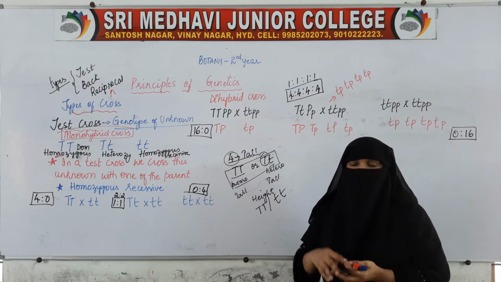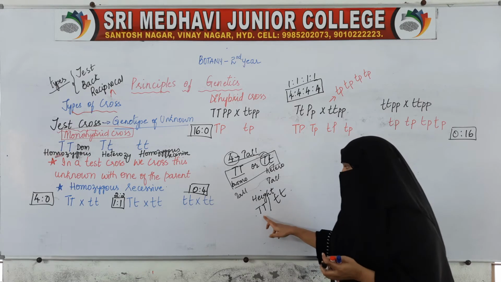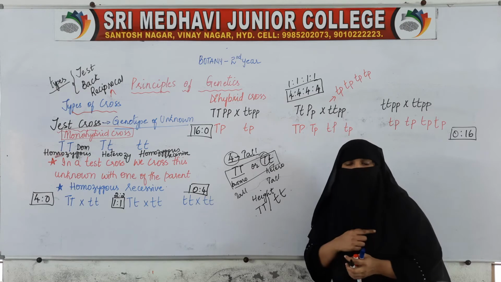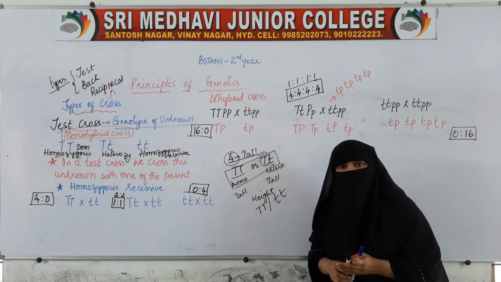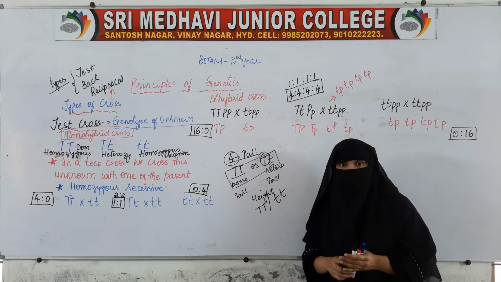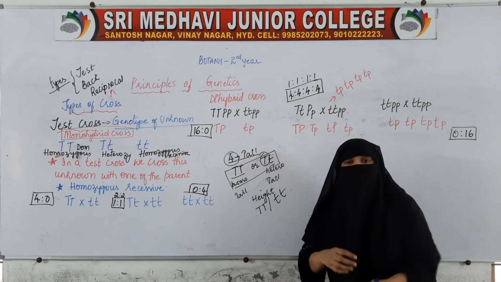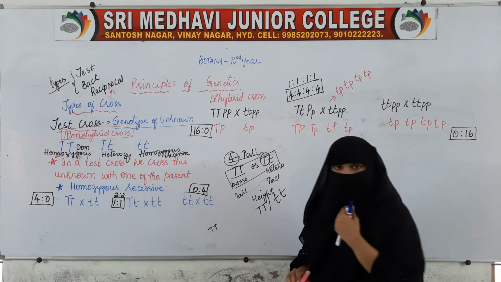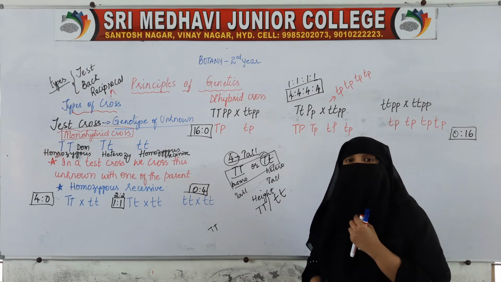For the height of the plant, it can be a tall plant or a short plant. So what type of genotype, what type of genetic makeup, can be found in the plant? What type of alleles can be found?